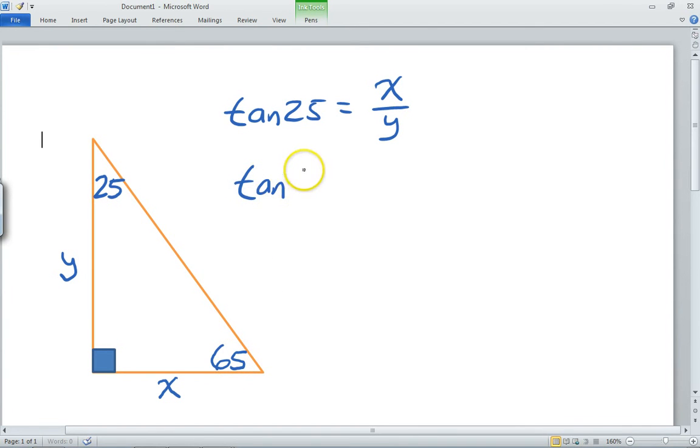Because I see a lot of 65 degrees among the answers, so let's play around with that. Opposite over adjacent, that would be Y over X. Are these equal to each other? No, one's X over Y and one is Y over X. They're not equal, but they are closely related. What do we call the relationship between these two fractions?